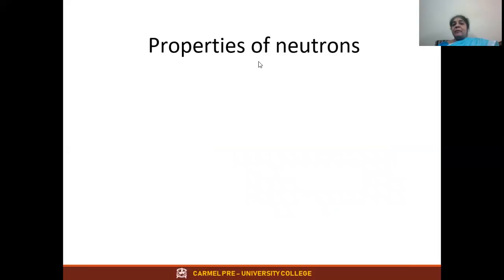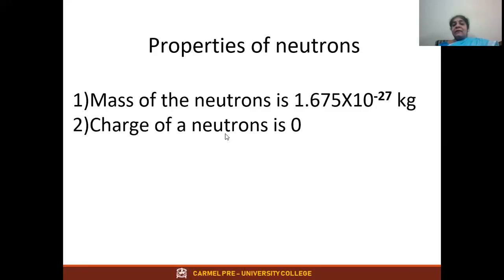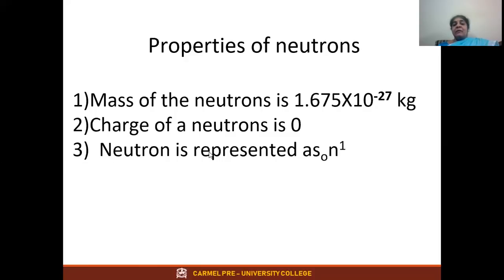Next, what are the properties of neutrons? Again, we consider the mass of the neutron: 1.675 into 10 power minus 27 kg. Charge of a neutron is 0; it doesn't have any charge. Then how do you represent a neutron?